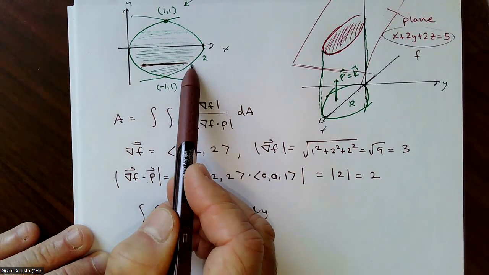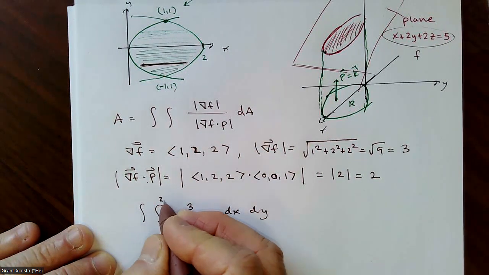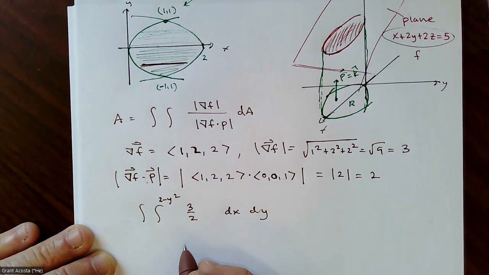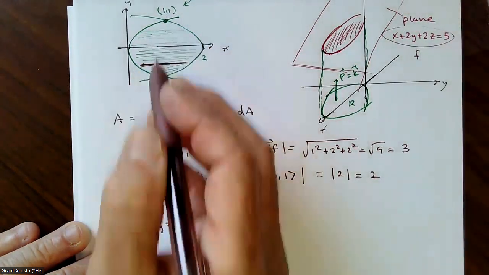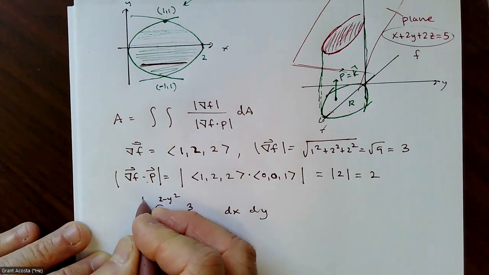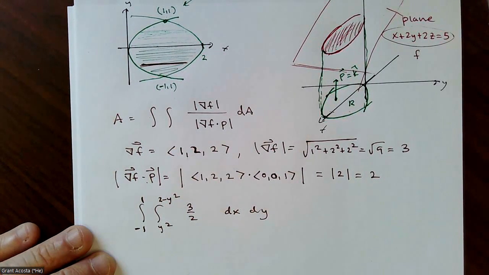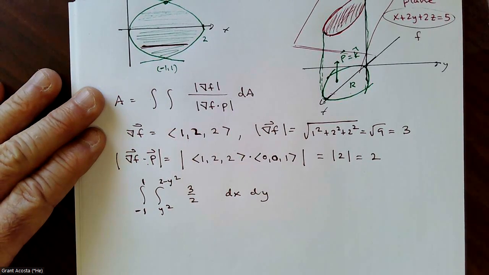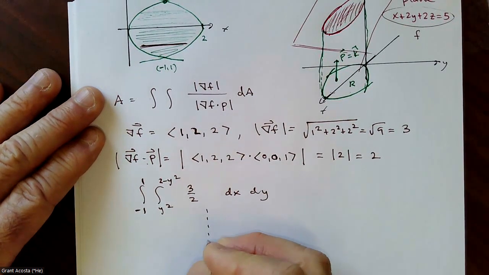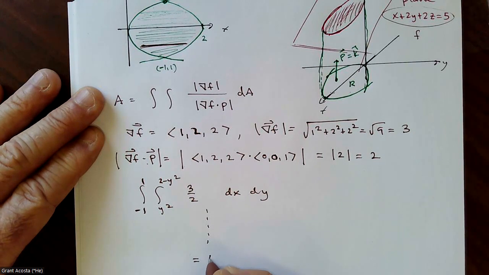Right-hand bound would be the backwards parabola, so x is going to go from 2 minus y squared to y squared, and my y is going to go from -1 to 1. Again, this should be a pretty easy integral to do at this point, so if you work this out, you should get a final answer of 4.